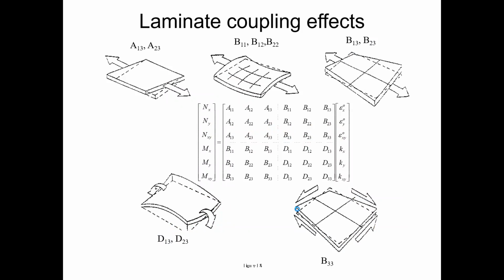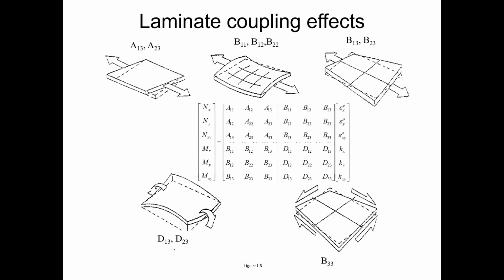And this is the so-called laminate coupling effect, where A13, A23, and some of the terms B11, B12, B22, and B13, B23, are all causing different types of deformation of your laminate.